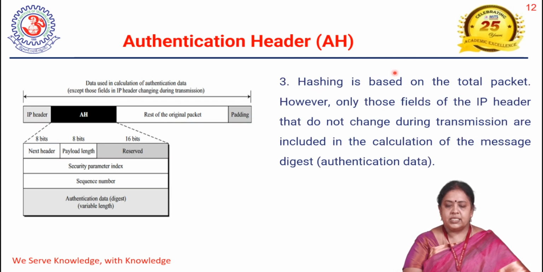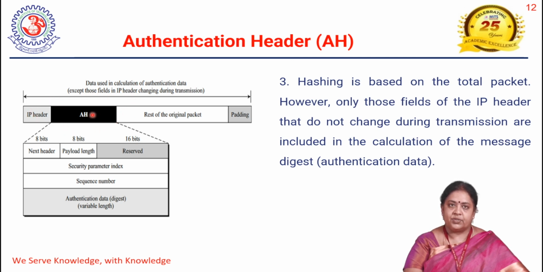The hashing is based on the total packet. The total packet will be given to the hash function. However, those fields in the IP header that do not change during the transmission are included in the calculation of the message digest. This is the IP header, and it has some fields. Those fields which are not going to change during the transmission, only those are considered for the hashing purpose.